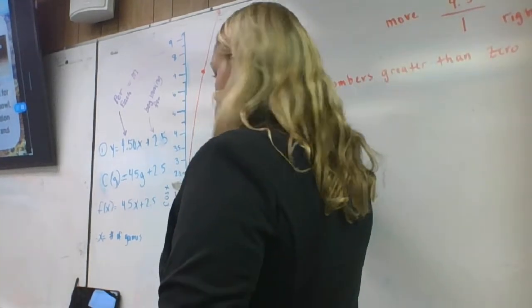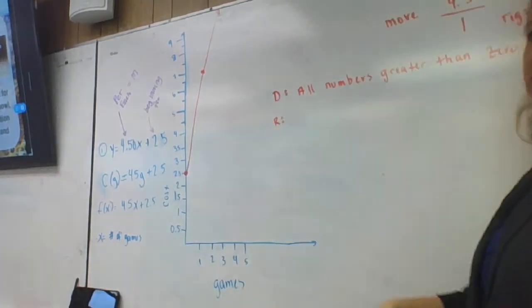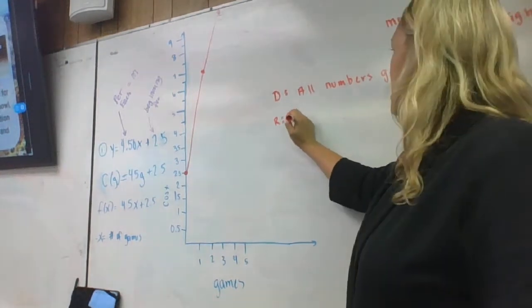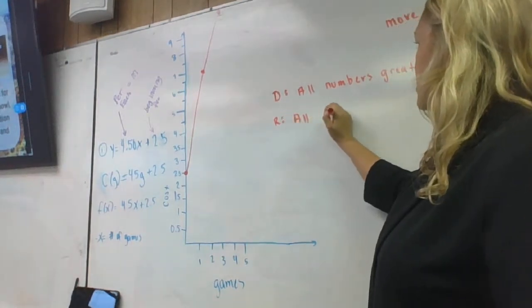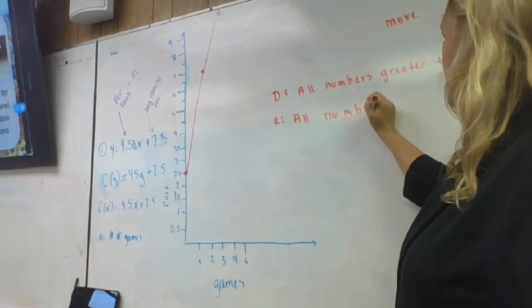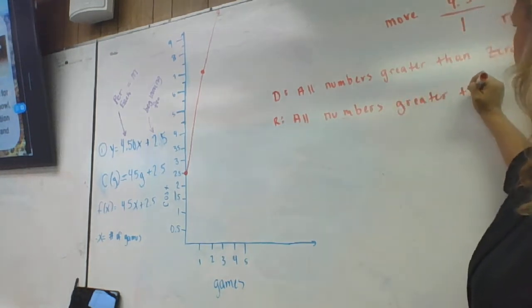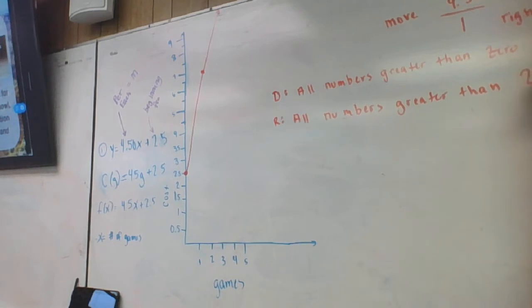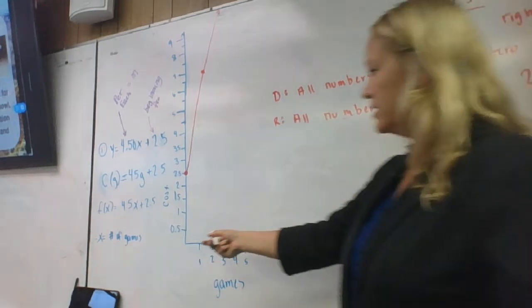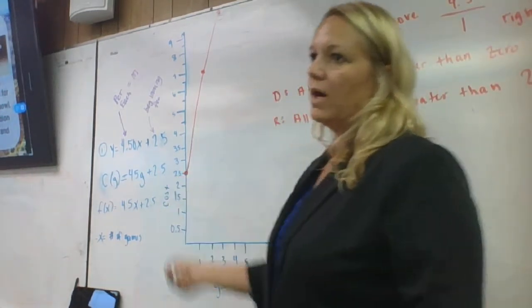And our range is the cost. What might it cost us? Our y value, our range, our cost is all numbers greater than 2.5 because it started on 2.5 on the y-axis.